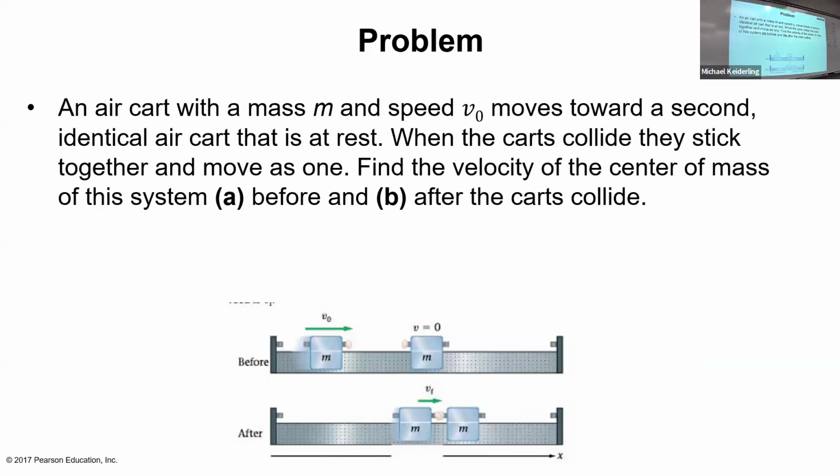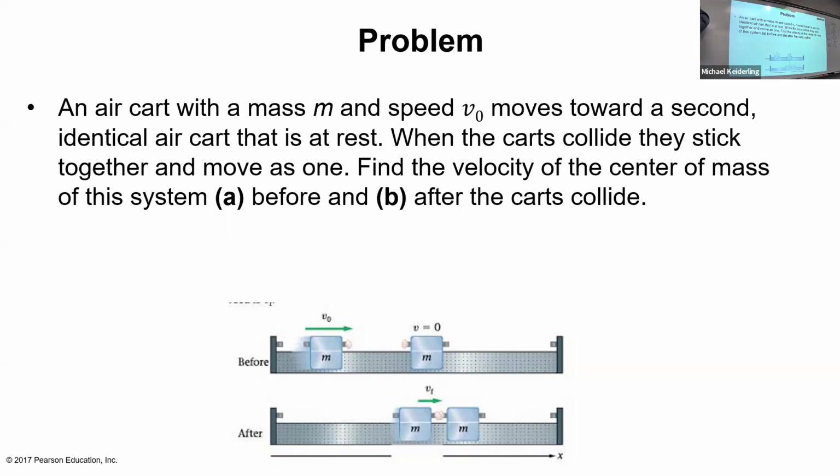So if you have an air cart with a mass m and a speed v naught, and it moves towards a second identical air cart that's at rest, when the carts collide, they stick together and move as one. Find the velocity of the center of mass of the system before and after the carts collide. So remember, momentum is conserved.